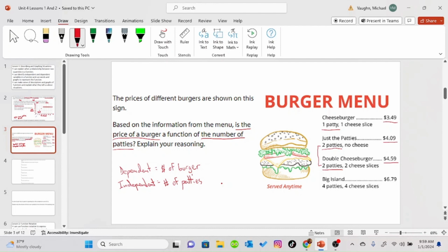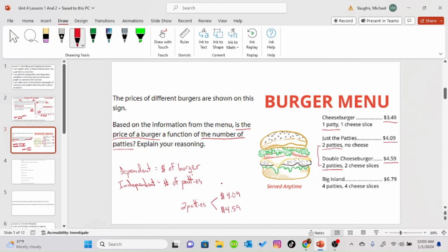This is not a function, because now when I have 2 patties, I have 2 different possible outputs or dependent variables.